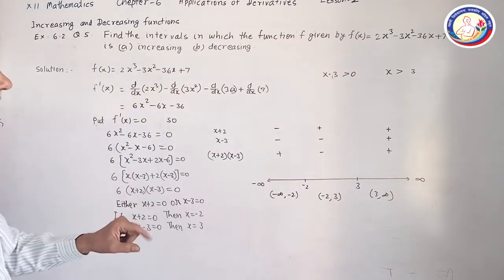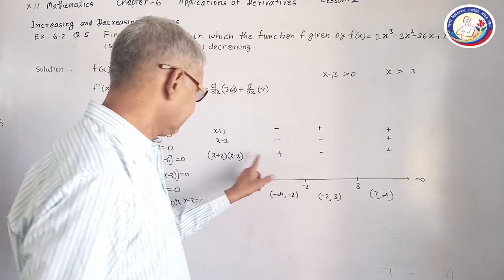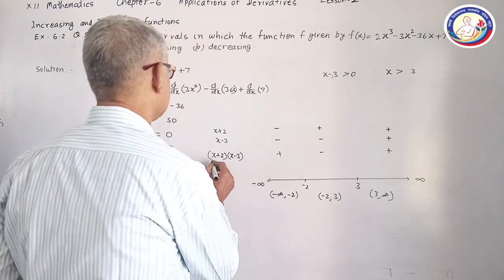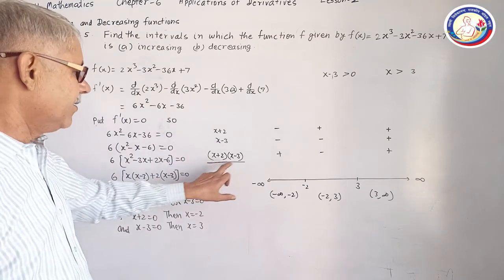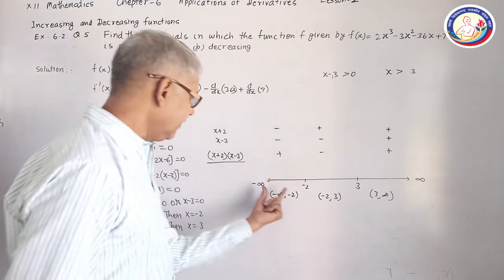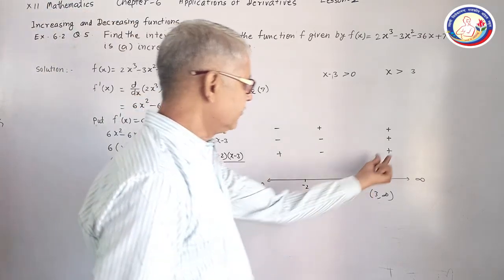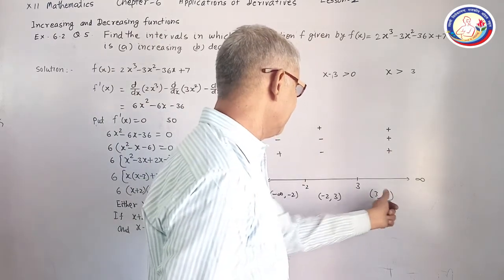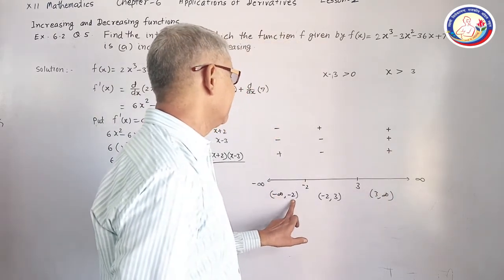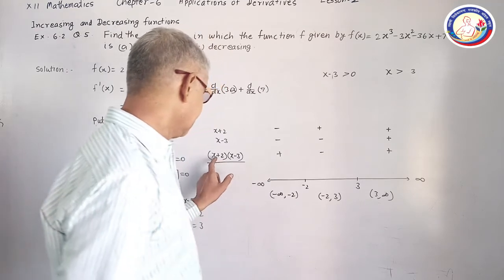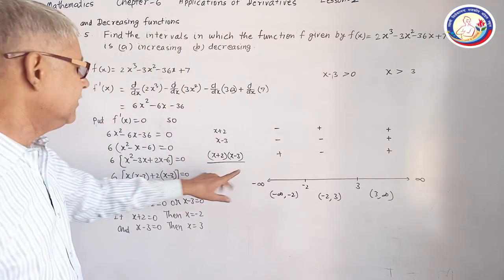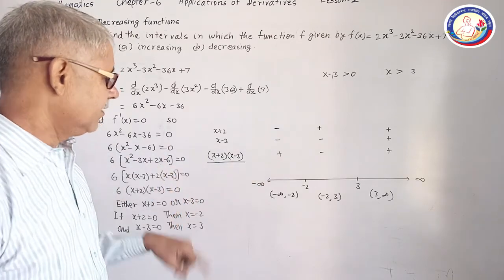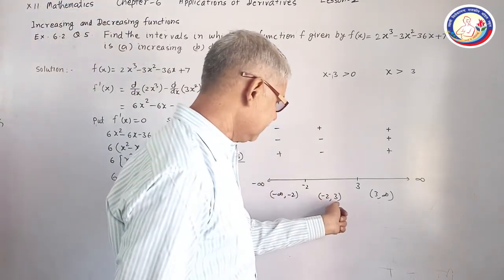So our conclusion is, this derivative, the value of the derivative is positive in this interval and also positive in the interval 3 to infinity and minus infinity to minus 2. The value of the derivative f'(x) is positive, and it is negative for minus 2 to 3.